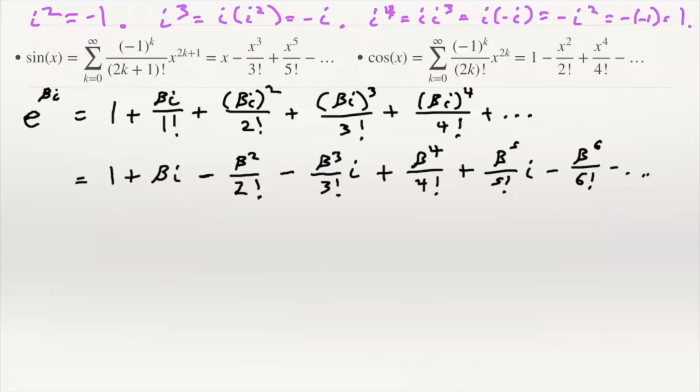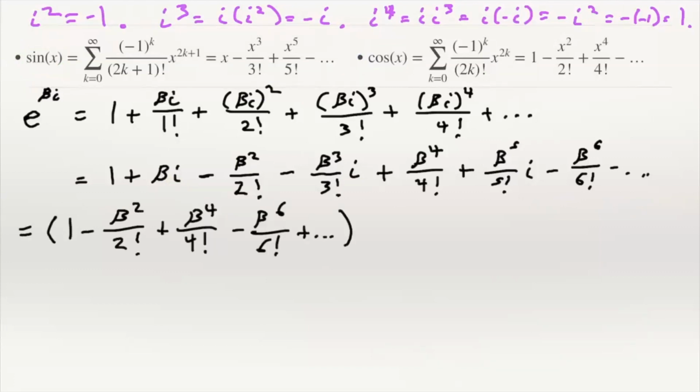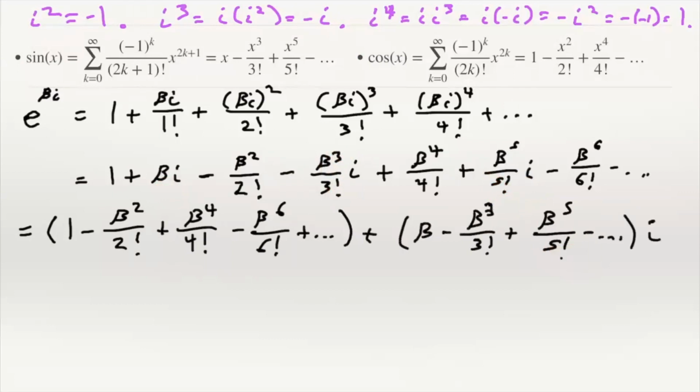Let's gather together the real terms and imaginary terms. The real terms look like this. And the imaginary terms, we gather together everything with an i by it and factor out the i. That's a beta minus beta cubed over 3 factorial plus beta to the 5 over 5 factorial, minus etc. And we factored out the i.